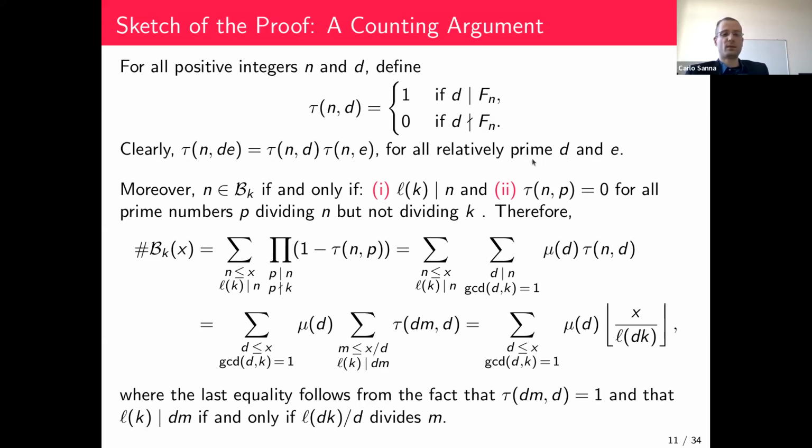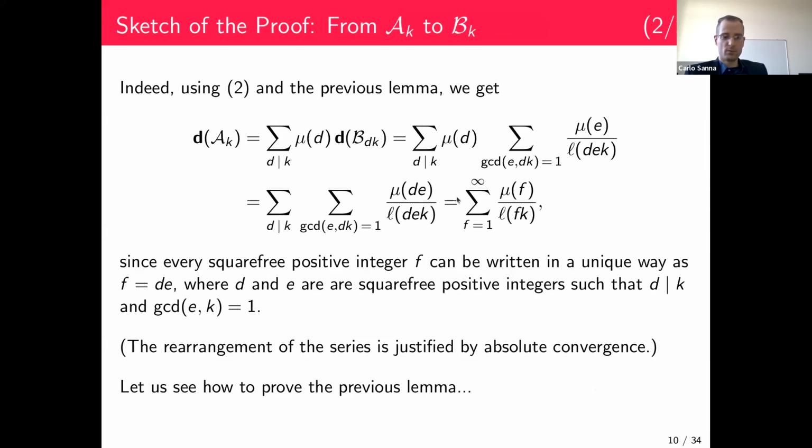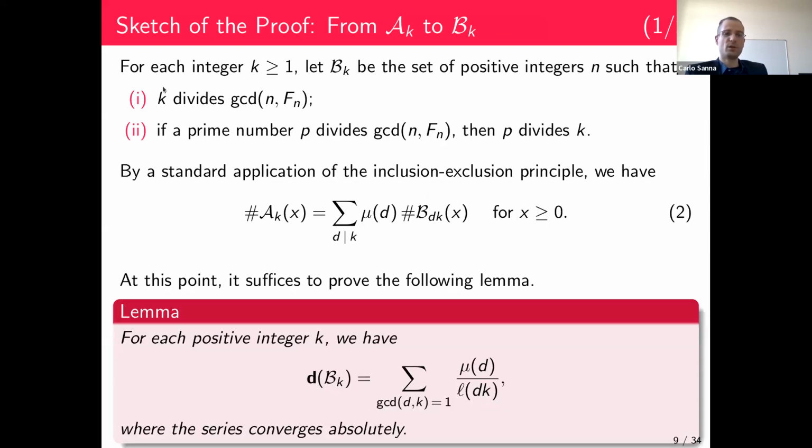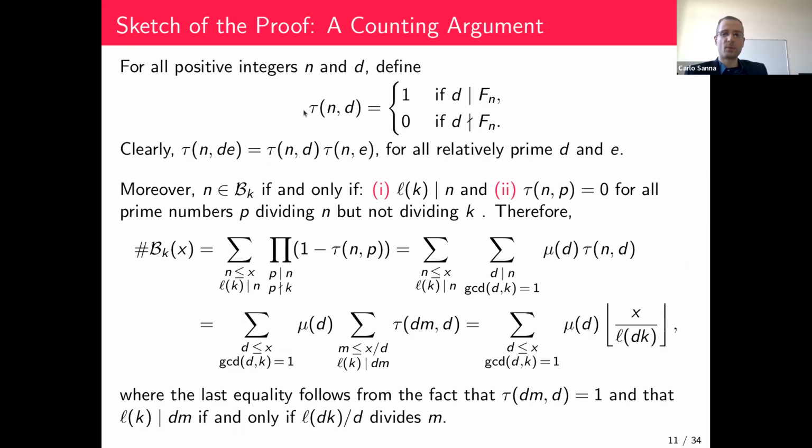Moreover, we have that a natural number n belongs to B sub k if and only if L_k divides n, which is equivalent to the first condition, k divides the GCD of n and F_n, because of the property of L. Also, we need that tau(n, p) is equal to 0 for all prime numbers p which divide n but do not divide k.